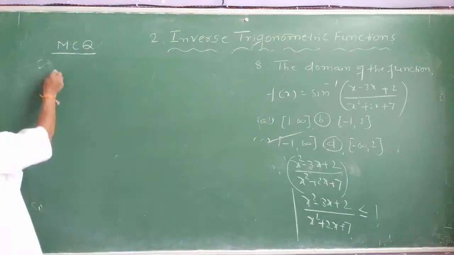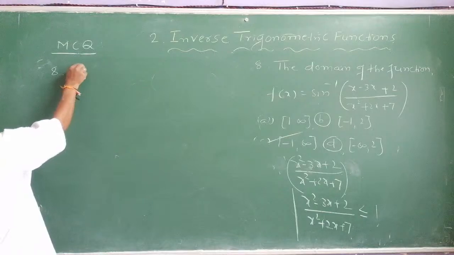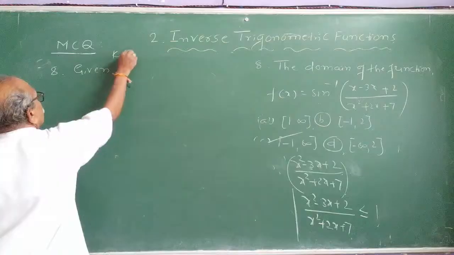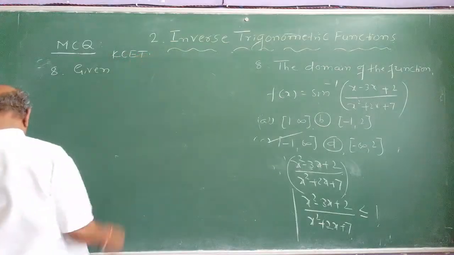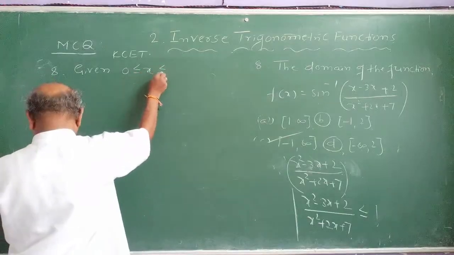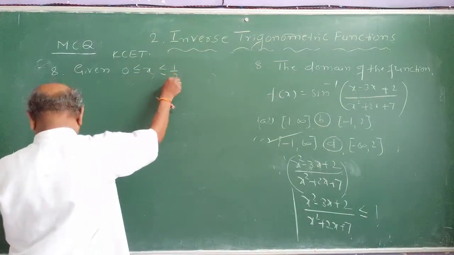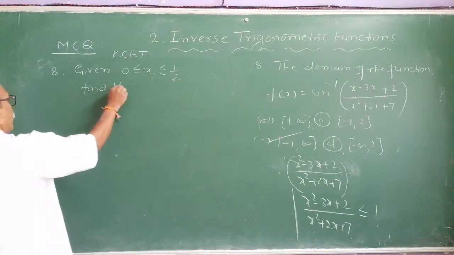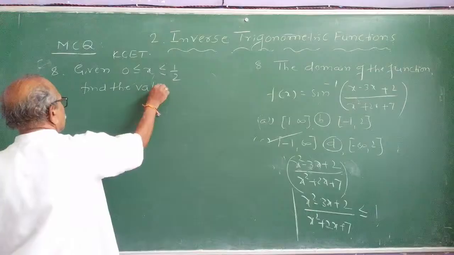Eighth one. Given, appeared in Karnataka CET. 0 is less than or equal to x, x is less than or equal to 1 by 2. Find the value of. A question appeared like this.